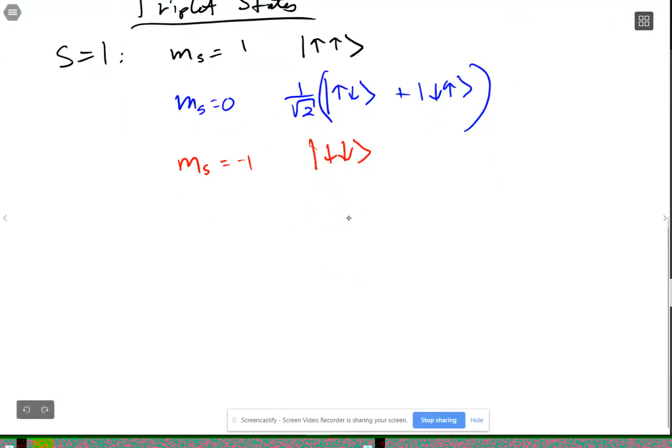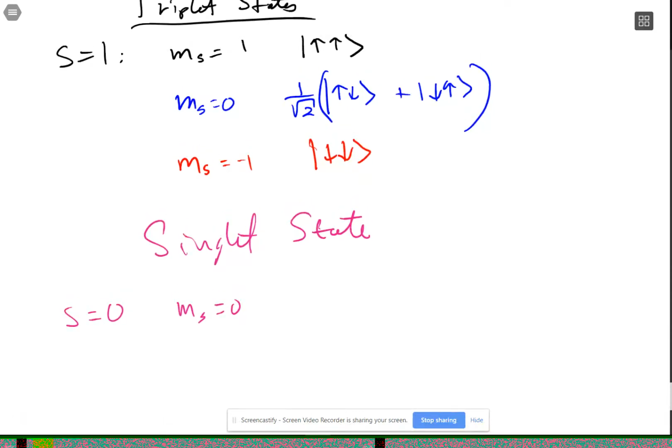So now we're going to have, for the singlet state, can you guess what it's going to look like? Basically, we have a vector that is 1, 1, right? We have a normalization constant.